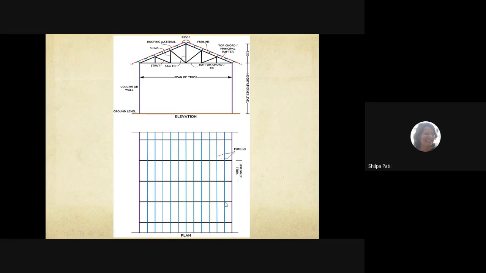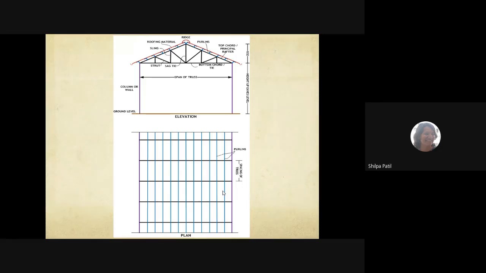This is because the spacing between two trusses defines the span of a purlin. So this is one purlin treated as a beam. It is treated like a beam only. This is one beam and these are the two supports. If I want to design this part of a beam for a given span, and I keep the same span here, the design for this portion and this portion will remain the same, because the loading acting is the same and the span is also the same.